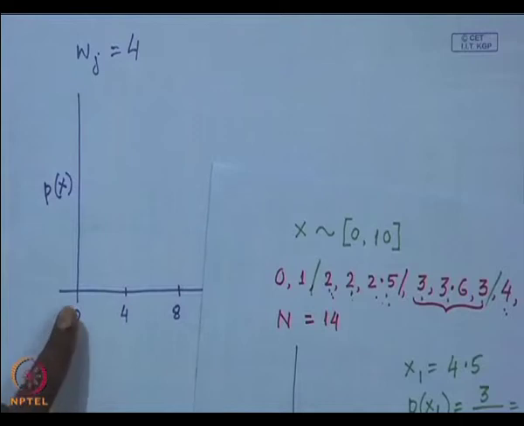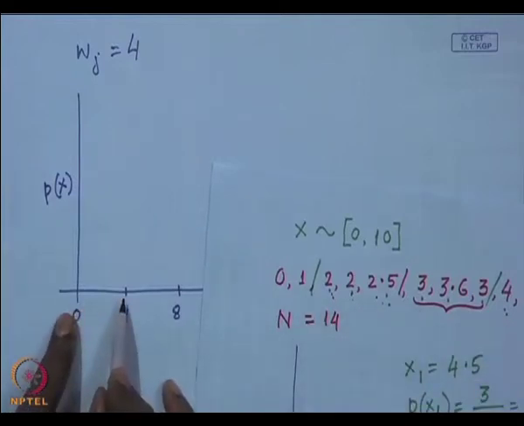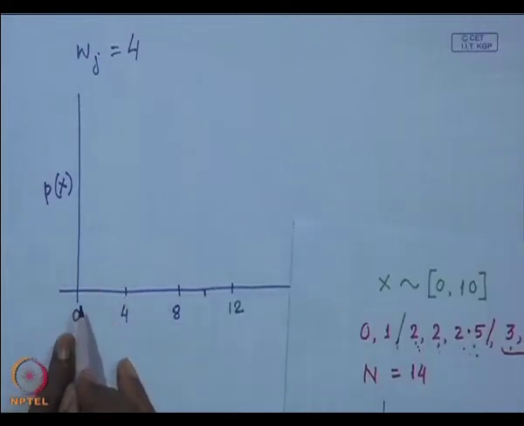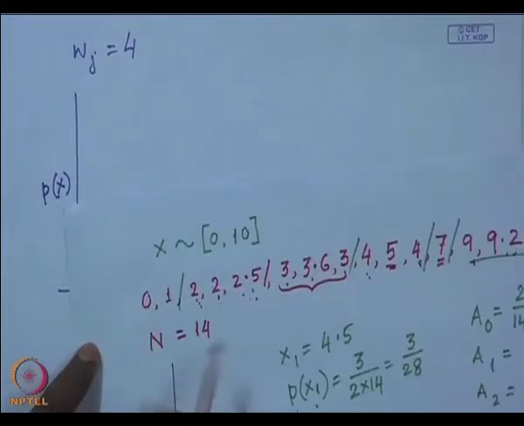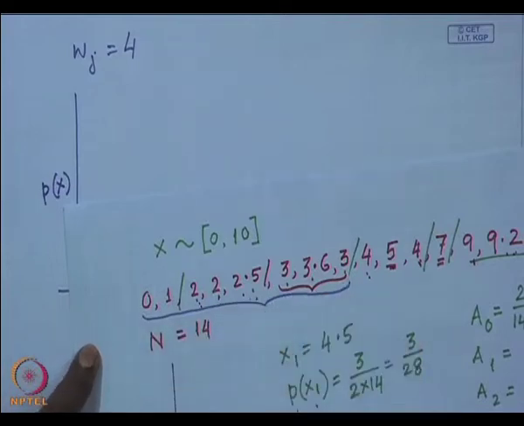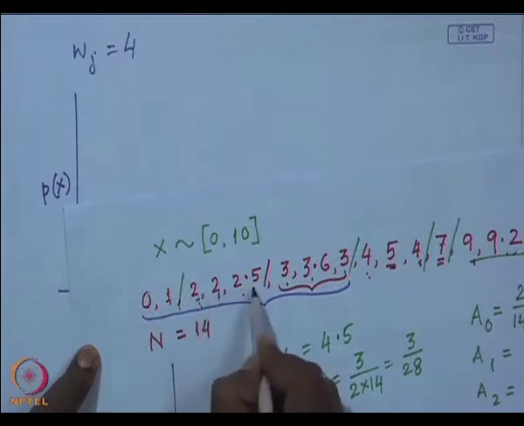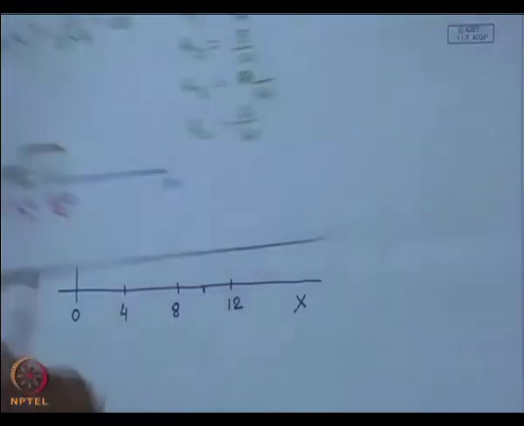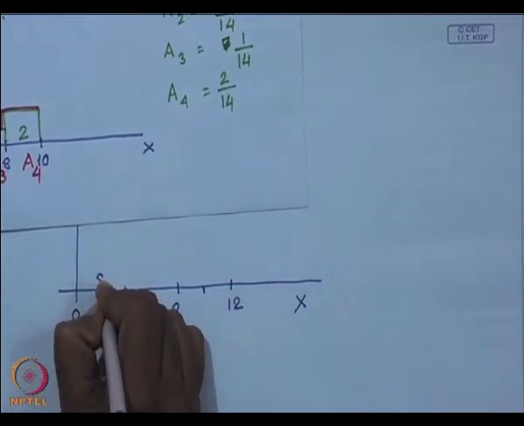So, first I have to see that out of these samples, how many samples are falling within the bin 0 to 4. That means, the values of x which are greater than or equal to 0, but less than 4. And you find that all these samples have values greater than or equal to 0, but less than 4. So, I have 1, 2, 3, 4, 5, 6, 7, 8 samples which are falling within this bin.